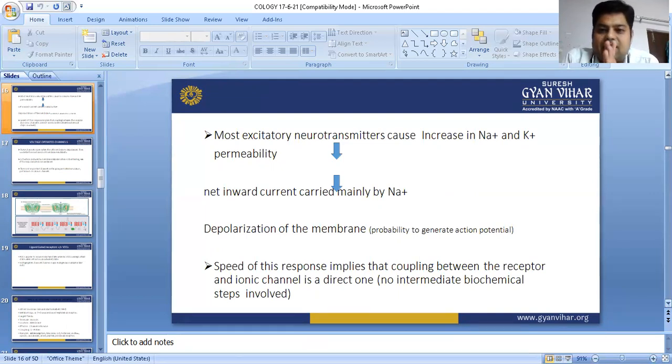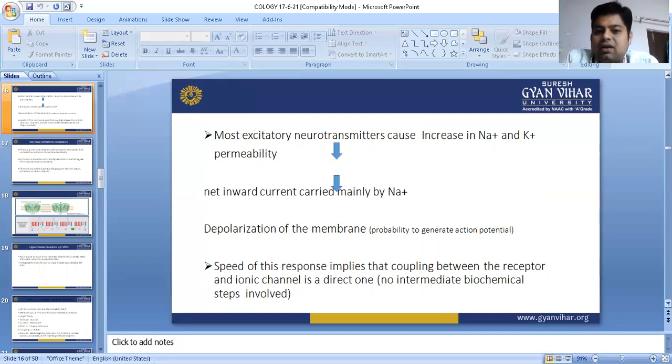There are two things, excitation and inhibition. In the case of excitation, what would you see? An increase in the conduction of sodium and potassium permeability. If the sodium and potassium permeability of the cell increases, they are responsible for excitation in the cell.